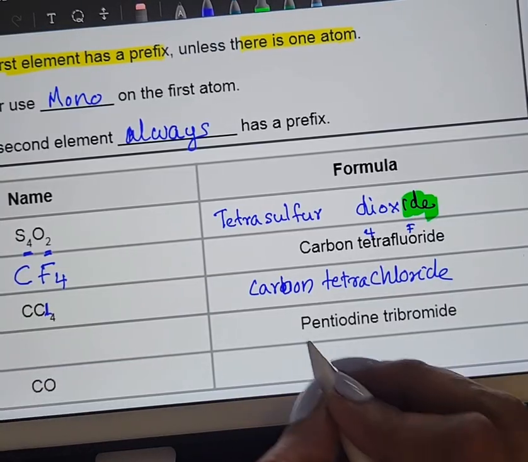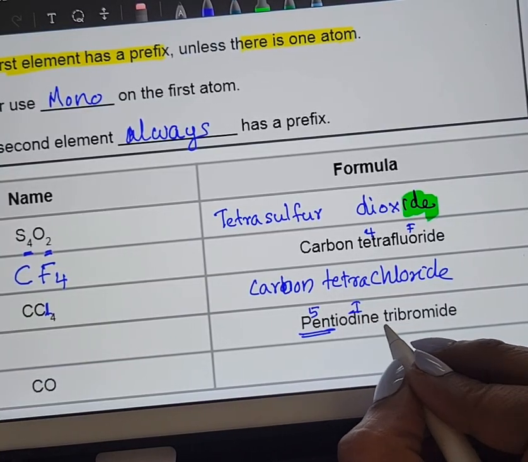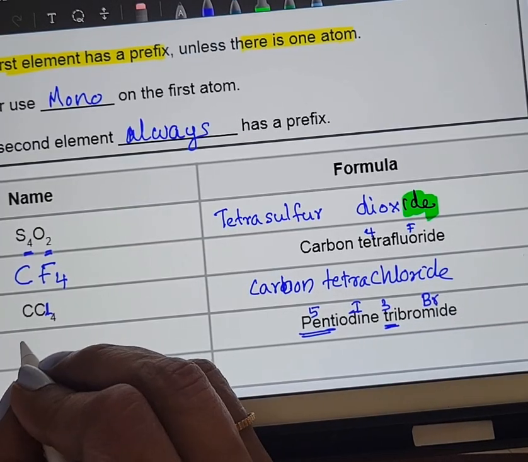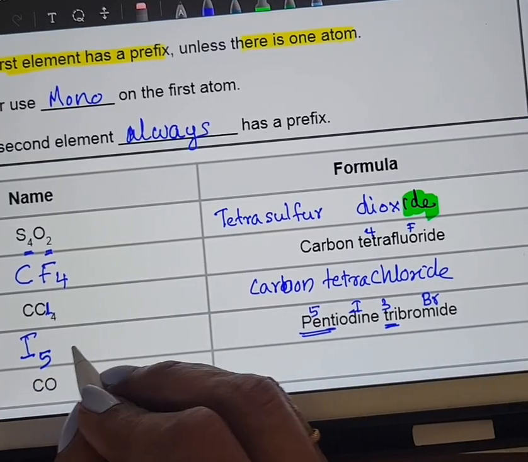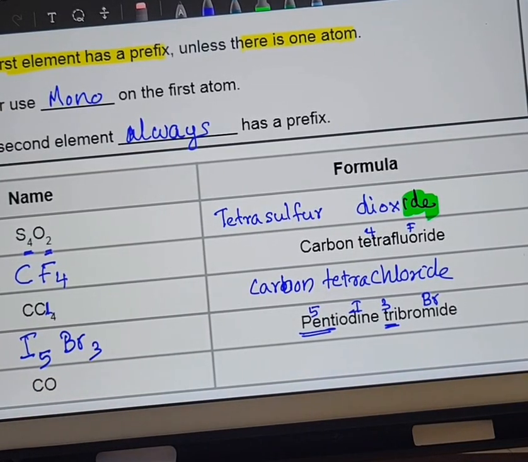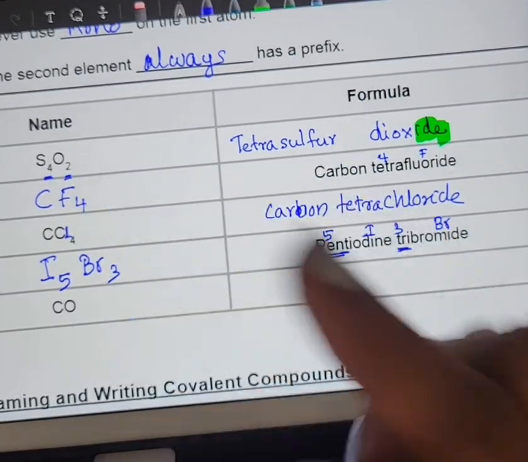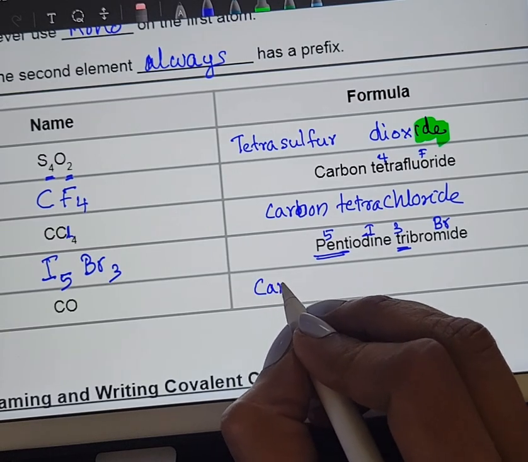Okay, next one is penta-iodine tribromide. So penta means how many? 5, iodine is I, tri is 3 and bromine. So I'm going to write I and how many times? 5 times. Bromine, Br, how many? 3. So it is I5, Br3. So next one is tricky, okay? So remember the rule, you'll never start a name with mono.